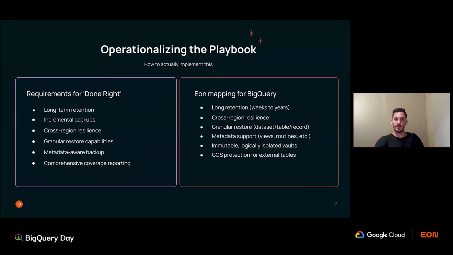And of course, you need visibility because you can't protect what you don't see. You need to know what's protected, what isn't, which policies are applied, and where your gaps are before the incidents appear. And this is the shift from having backup tools to having an operational recovery system.